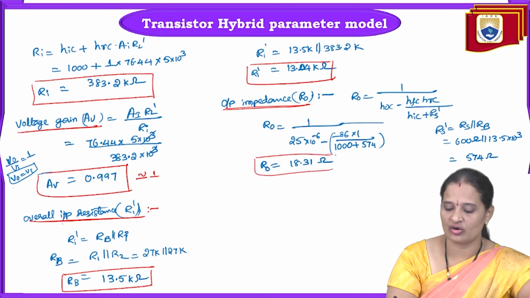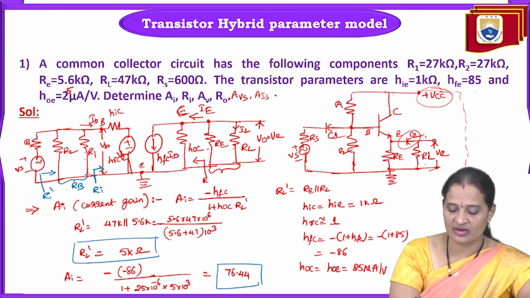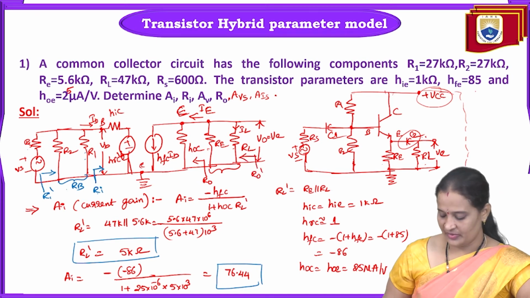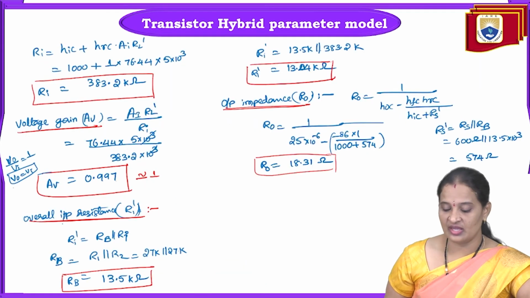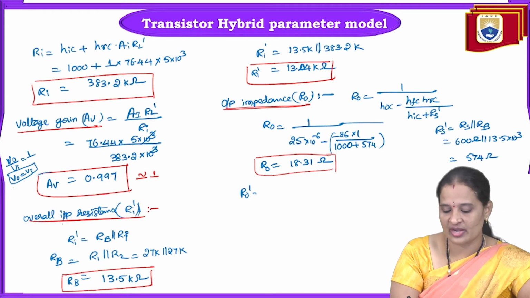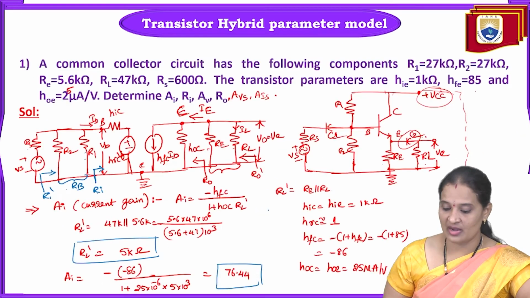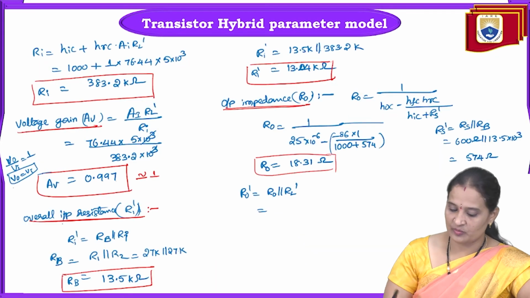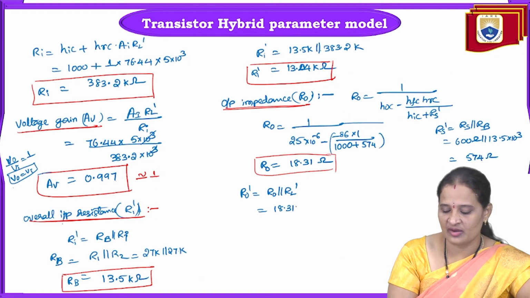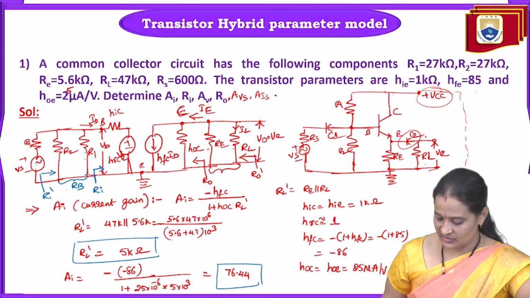In the equivalent circuit, the output impedance is the impedance we see when looking into the output port, and this is R naught dash, when we also consider RL. The overall output impedance R naught dash is R naught in parallel with RL dash, where RL dash is 5 kilo ohms.